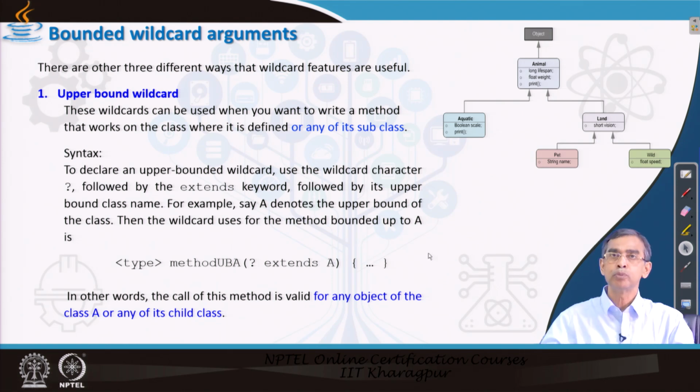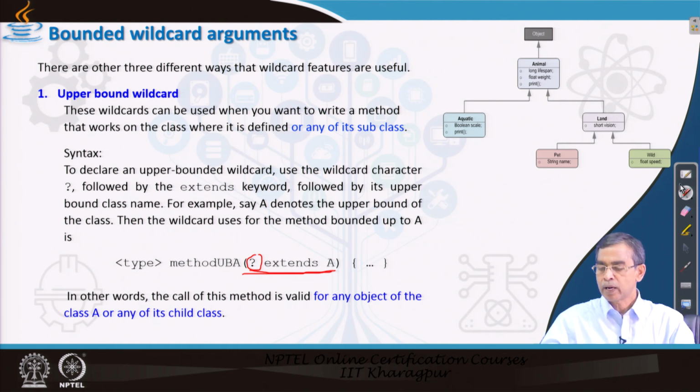There are two bounds, or three bounds rather, that can be used so far as the wildcard is concerned. The first is called the upper bound of the wildcard. In lieu of T extends superclass A, if we write ? extends A, then it is a bounded wildcard, an upper bounded wildcard argument.